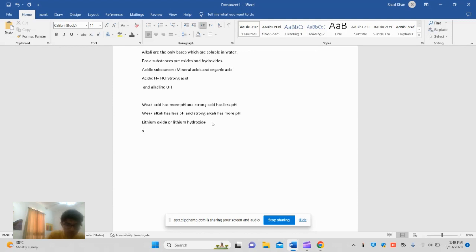Sodium has one electron in its outer shell, so it gives an e minus to chlorine, which needs one.